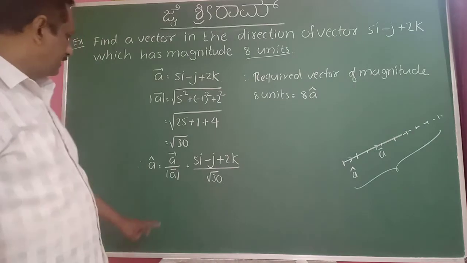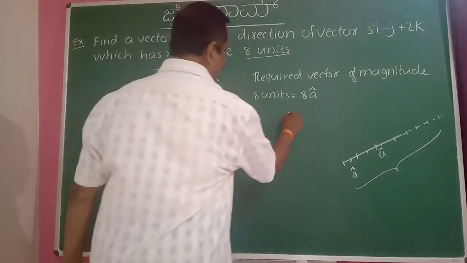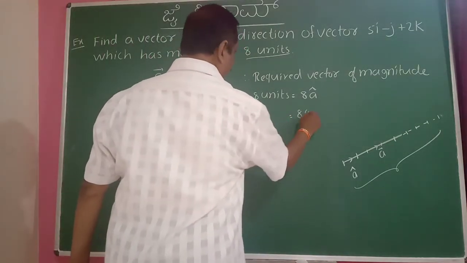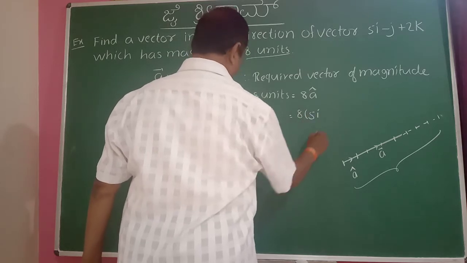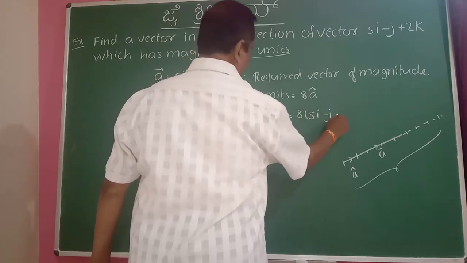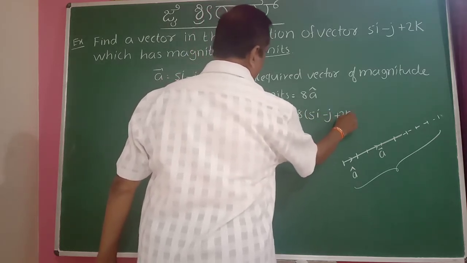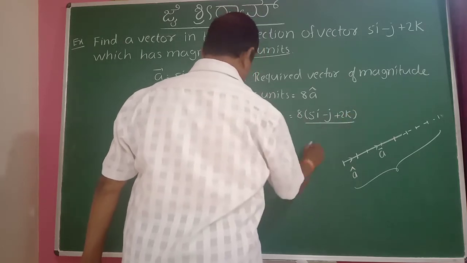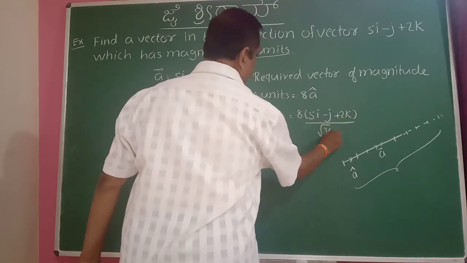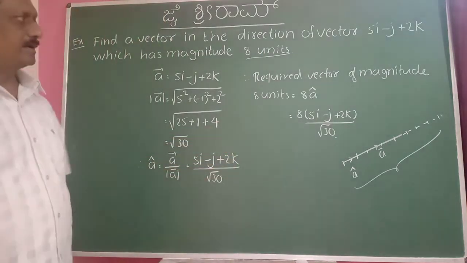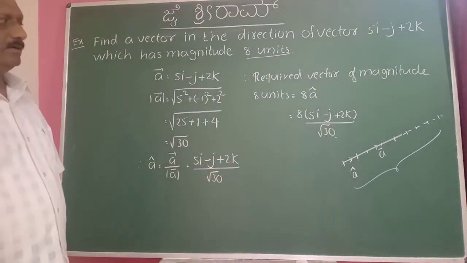Here a cap is this one, therefore 8 into 5i minus j plus 2k divided by root of 30. This is the required vector of magnitude 8 units.